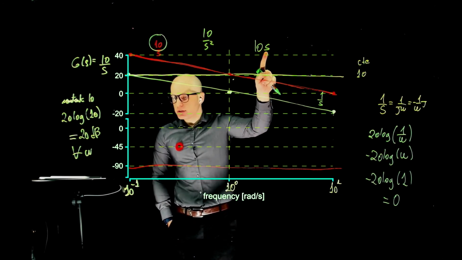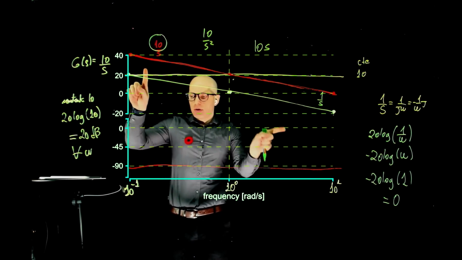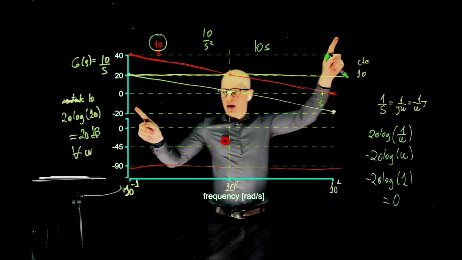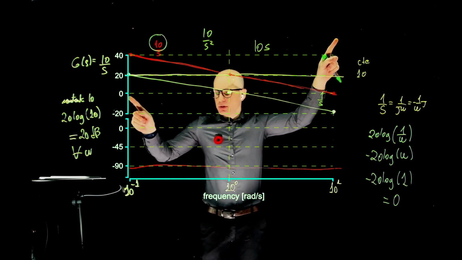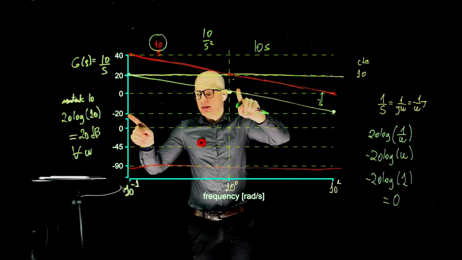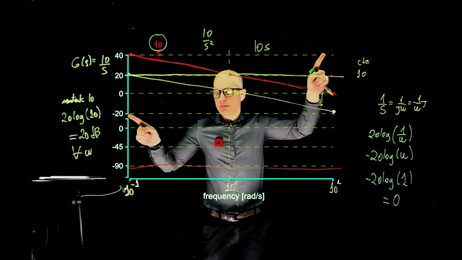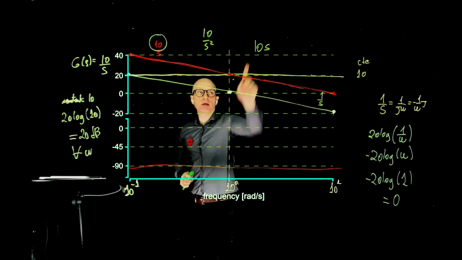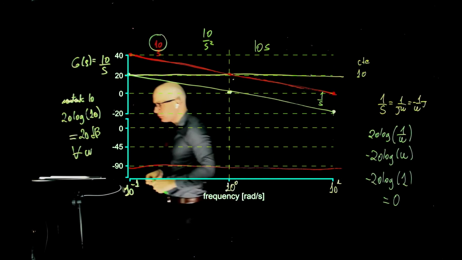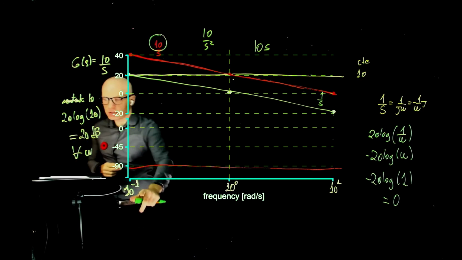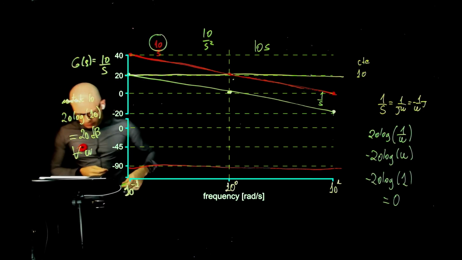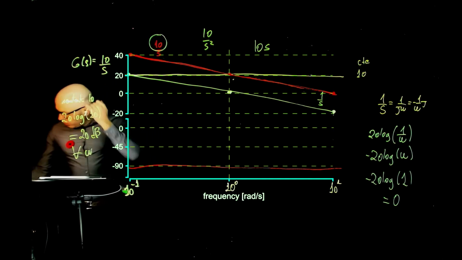But now for a 0, the slope inverts. Right? And now this curve would go like that. It would start at negative 20, passing by 0, going to 20 because of the s, and then everything would go up 20 because of the 10. Okay. And then the phase would be positive 90 degrees. Okay, thank you.